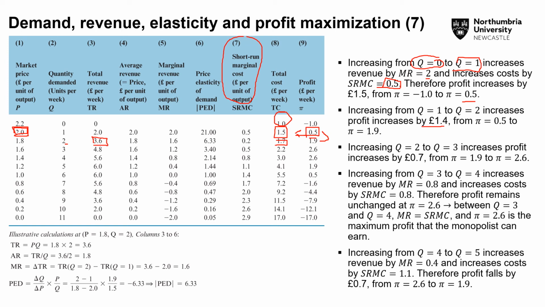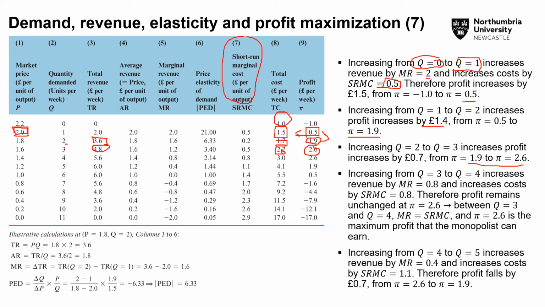So that is where we see the new level of profit, which is 1.9. Now, as we increase our output from 2 units to 3 units, we see an increase in profit from 1.9 to 2.6. Again, it is our total revenue less our total costs, and hence we have our profits.